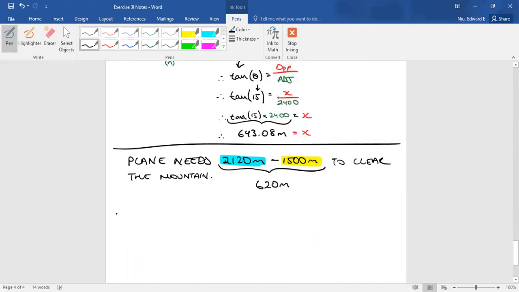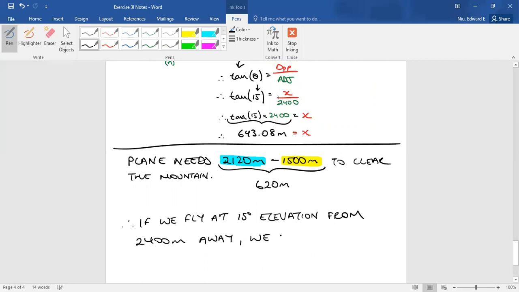Therefore, if we fly at 15 degrees elevation from 2,400 meters away, we will clear the mountain by 23 meters and 8 centimeters.